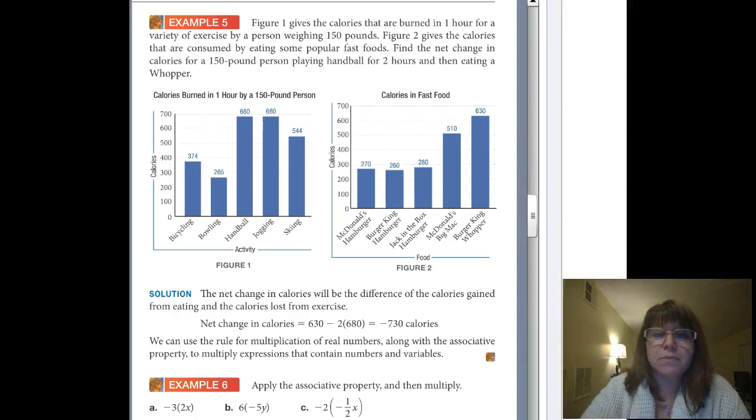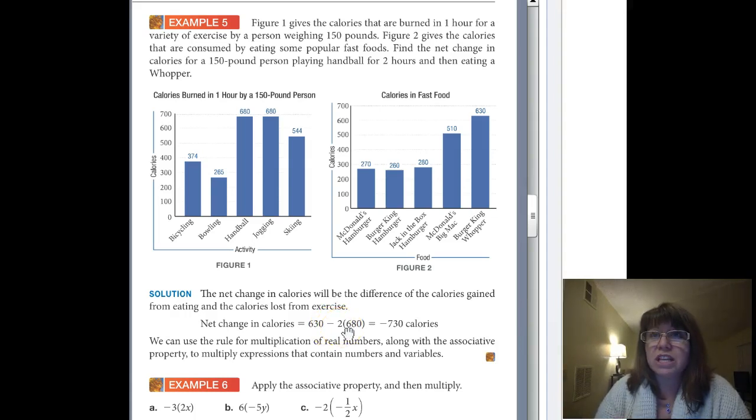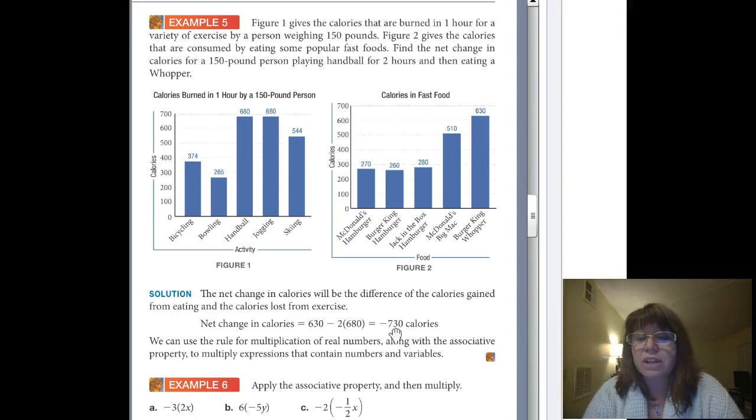Well, for handball, it's 680 calories per hour, and for a Burger King Whopper, it's 630 calories for the food. So we have a positive 630 calories for the Whopper minus 2 hours times however much handball is, which was 680, which yields 2 times 680 is going to be 1,360, and 630 minus 1,360 is a grand total of negative 730 calories.